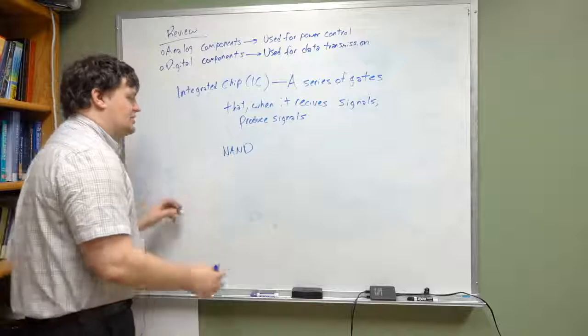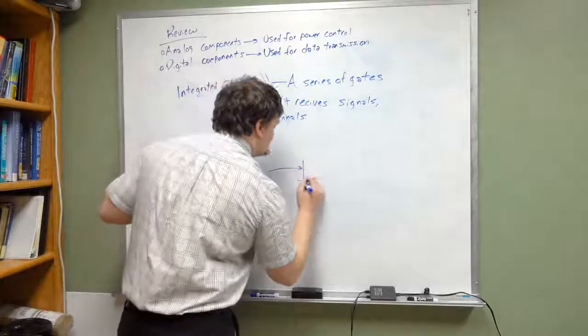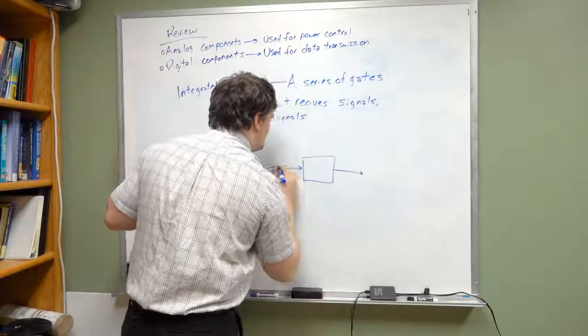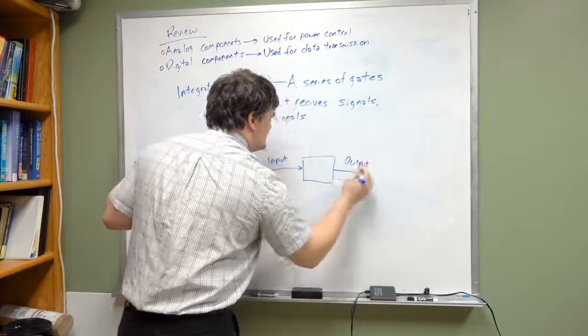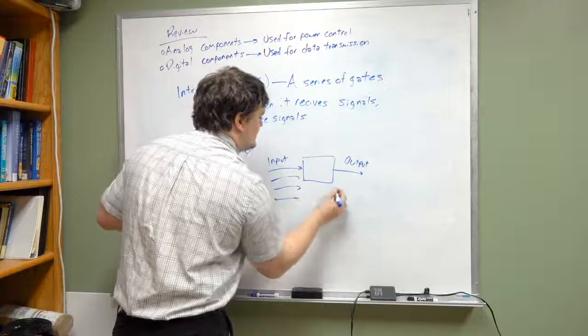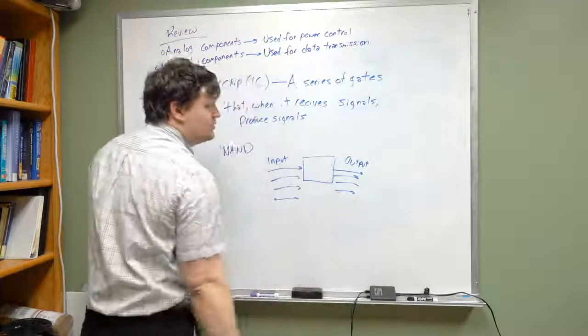Okay? Go back to your 350 understanding. You have an input, you have an output. And this input could be any number of lines, and this output could be any number of lines.